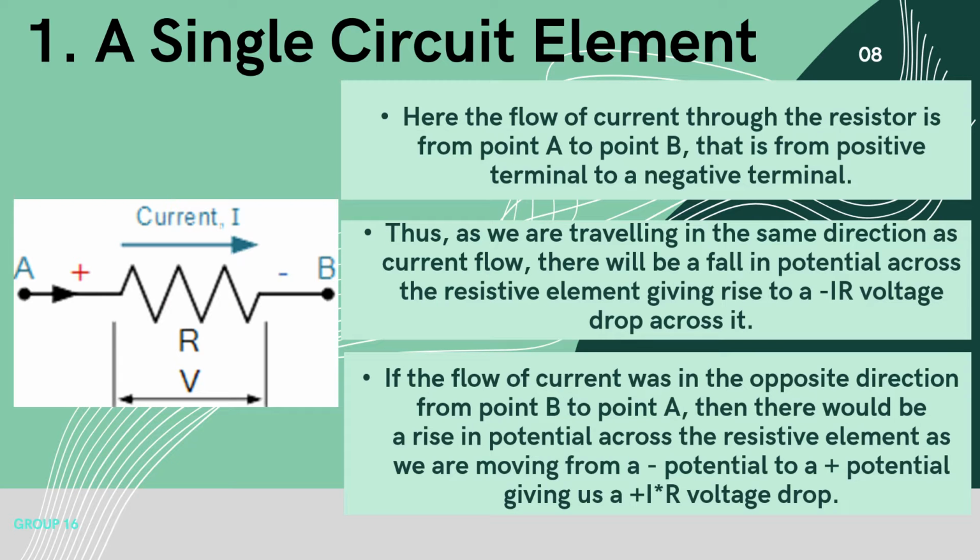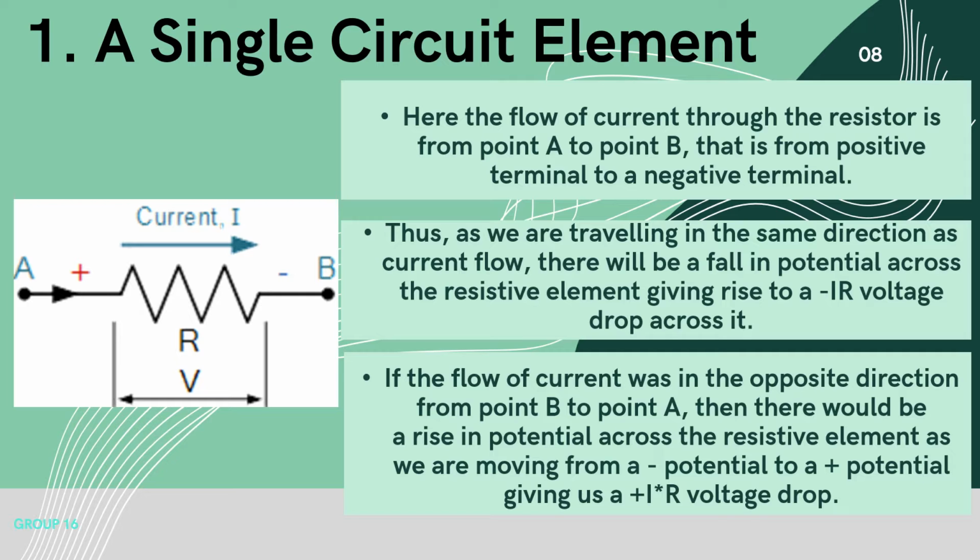For this simple example, we will assume the current I is in the same direction as the flow of positive charge, that is, conventional current flow. Here, the flow of current through the resistor is from point A to point B, that is, from the positive terminal to the negative terminal.